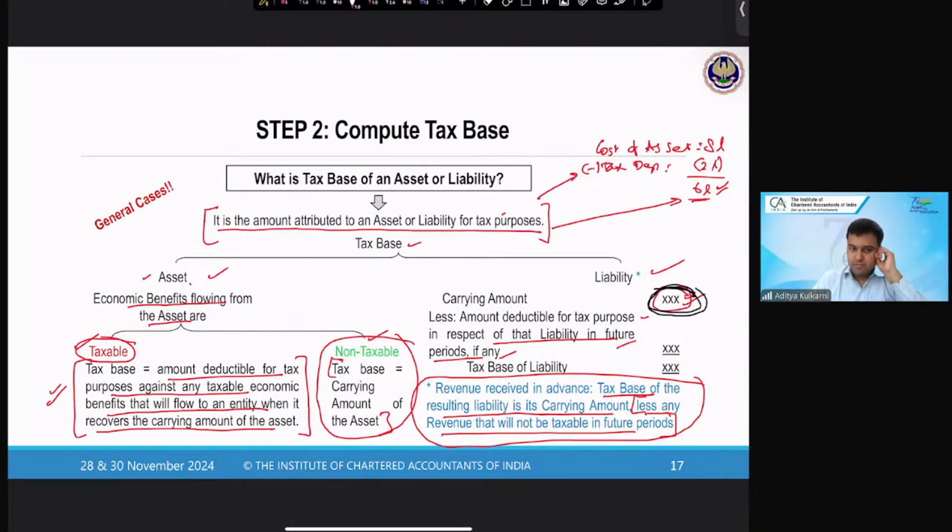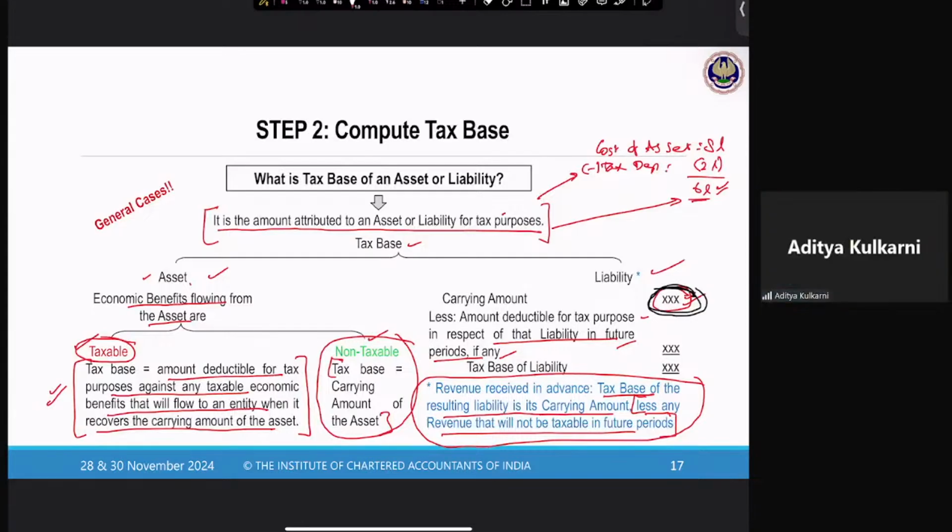See, there are two parts to this definition. I typically associate myself with the first part. That makes it easy for us to associate and understand what the standard wants to tell us.